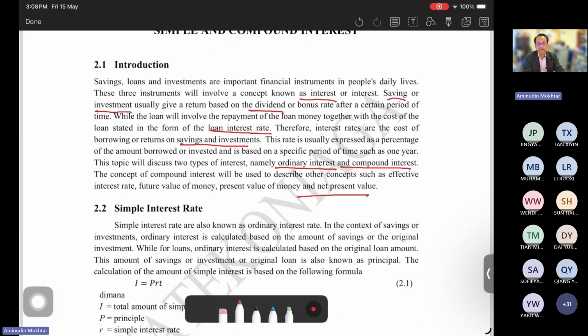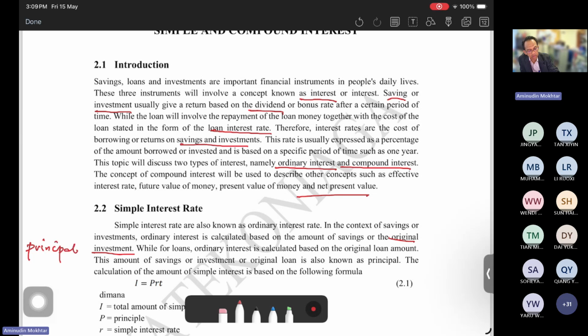Kadar faedah biasa or kadar faedah mudah. Okay, simple interest rate, kadar faedah mudah, is also known as the ordinary interest rate. In the context of saving and investment, the simple interest rate is calculated based on the amount of saving or the original amount of investment, which is also known as the principal.